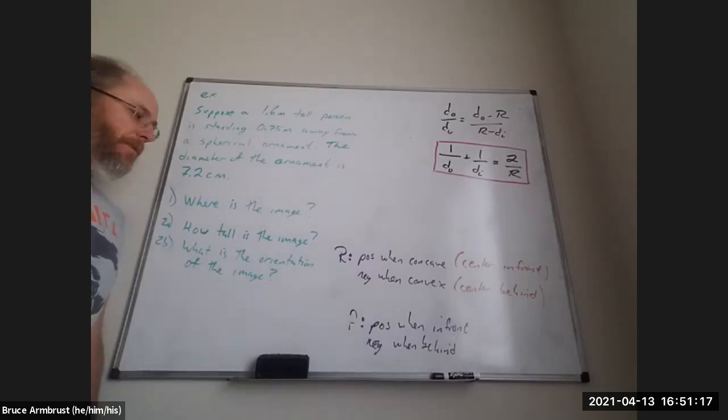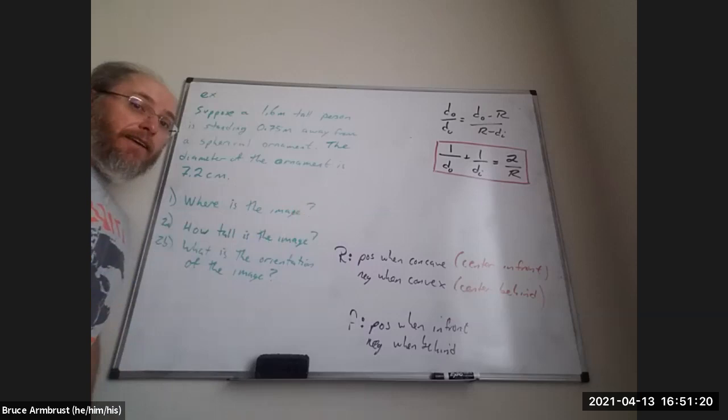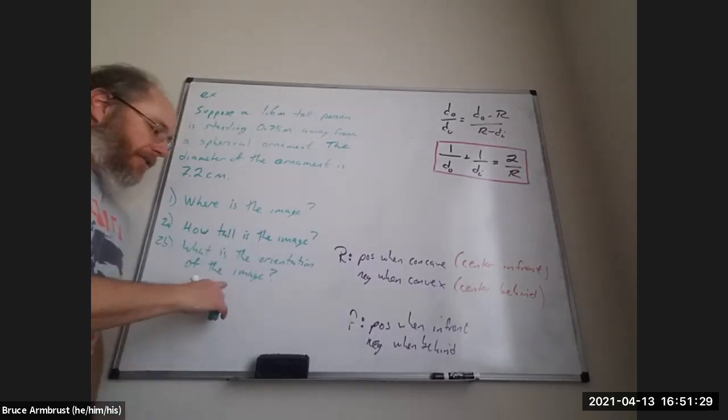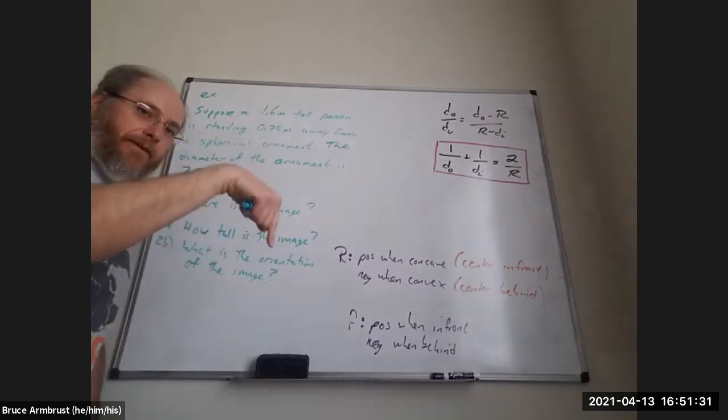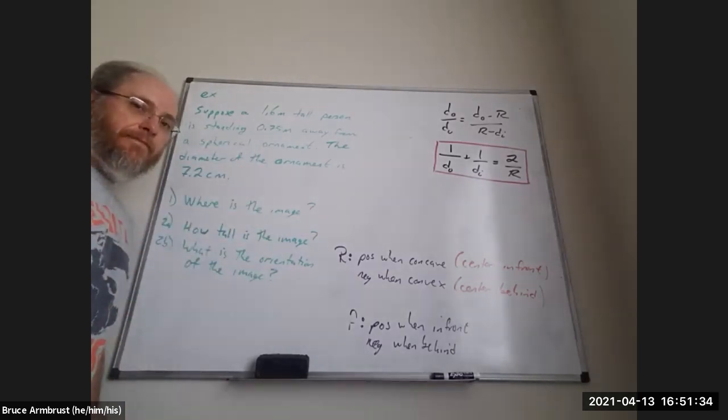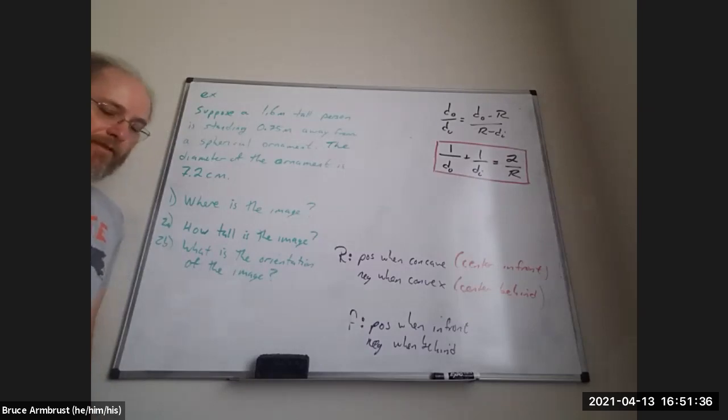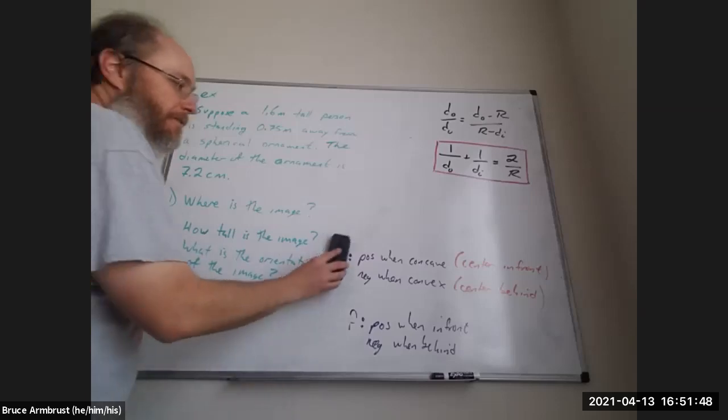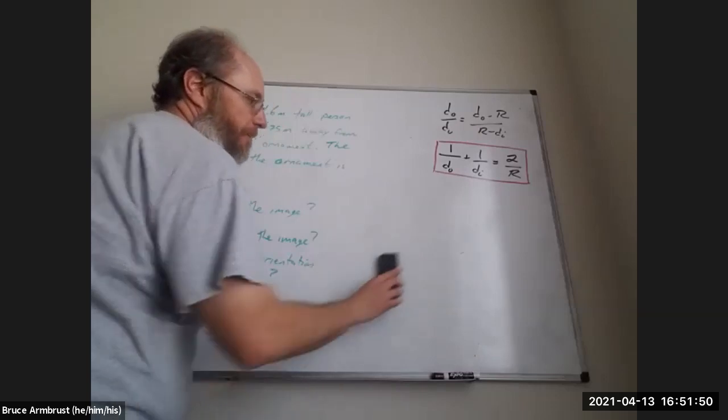All right, so basically I want to know is, where does it look like your little evil twin is? How tall is your evil twin? And is your evil twin standing upright or upside down? All right, so you now have enough information to answer all of these questions.